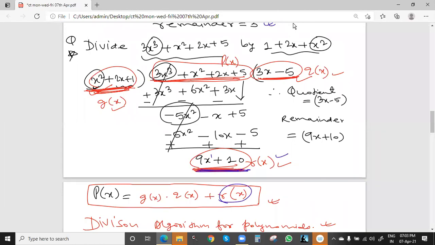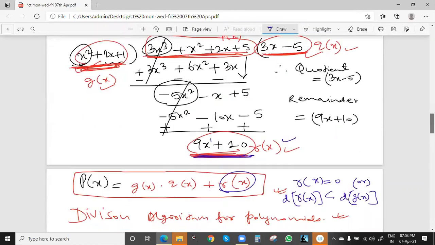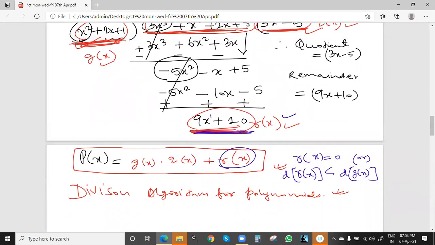That is one case. So r(x) can be 0, or the degree of r(x) should be less than the degree of g(x), that understanding we have to make. So this representation p(x) equal to g(x) into q(x) plus r(x) is the division algorithm of polynomials, and the important condition is that r(x) can be 0 if it is complete division.